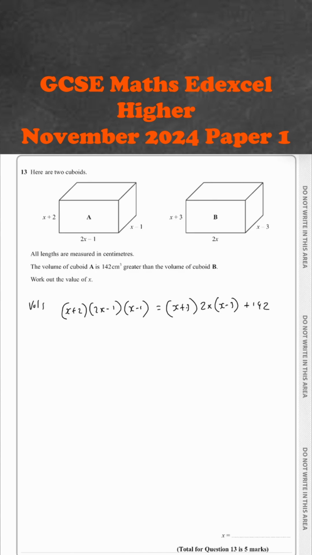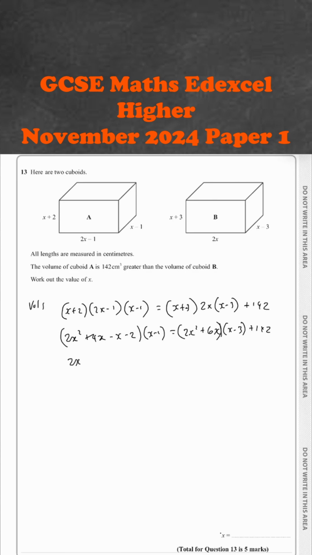If we expand these out, I'm going to do it one term at a time. Just checking there's nothing I can simplify straight away here. It doesn't look like it. One term at a time. So x times 2x is 2x squared. 2 times 2x is 4x. Then we have a minus x. Then we have a minus 2 multiplied by x minus 1. And over here we have 2x squared plus 6x multiplied by x minus 3 plus 142.